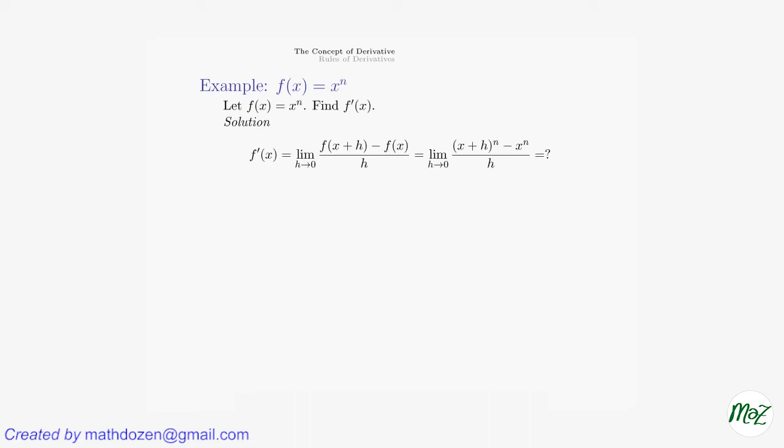And at this moment we need to simplify x plus h to the nth power. That is, we need to multiply it out.